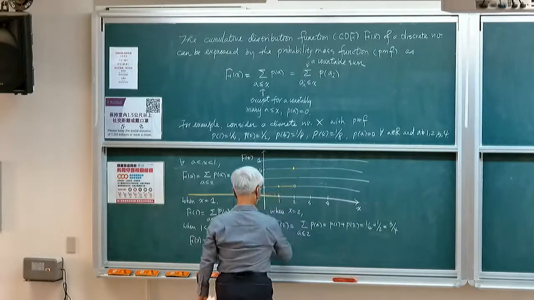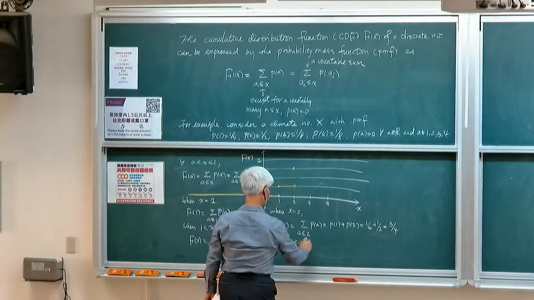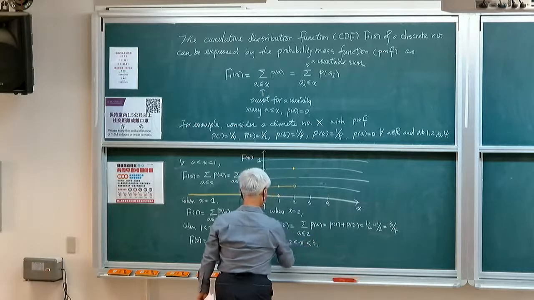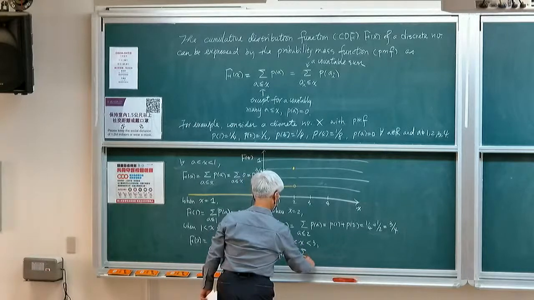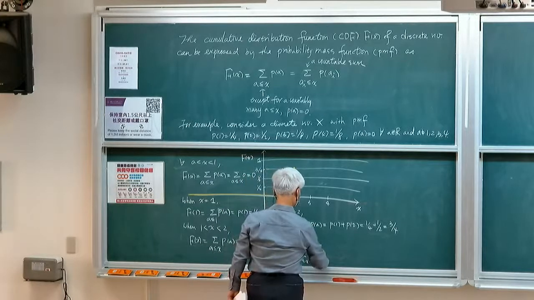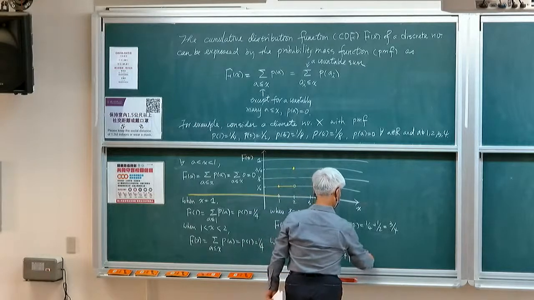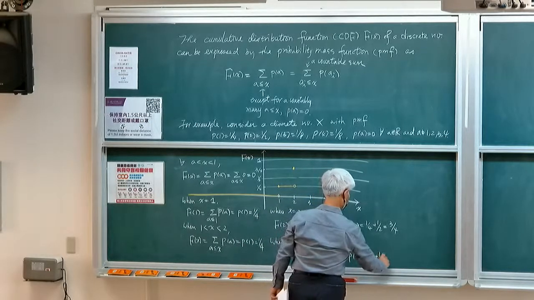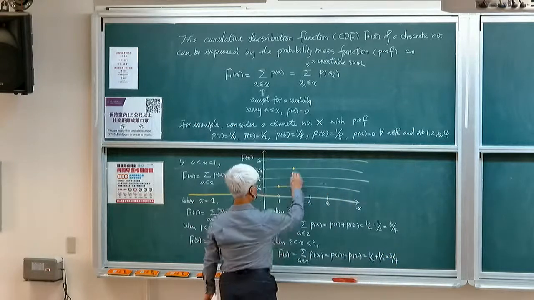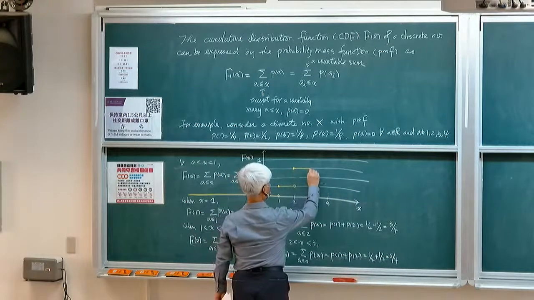Okay, and when x is greater than 2 but less than 3, then F(x) is the sum over a less than or equal to x of P(a), which is P(1) plus P(2), and again this is 3/4. So we have a constant up to here.